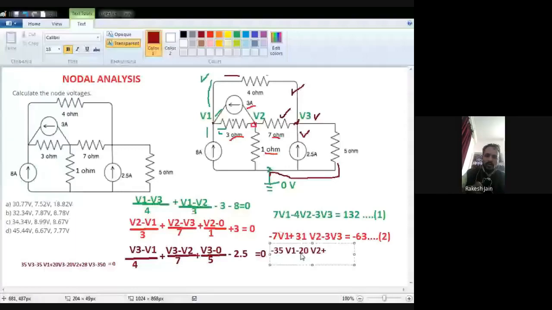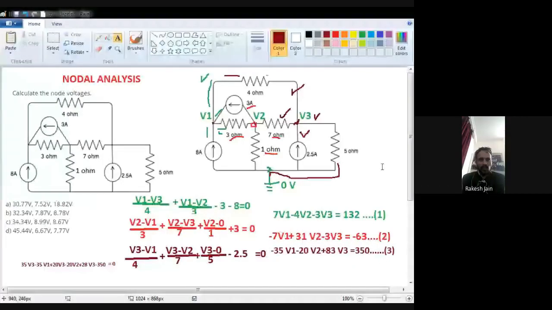So that will be 83 V3 with positive sign, okay. And at the right hand side, this minus 350 will be moved to the right hand side, and that becomes plus 350, and this will be my equation number third.